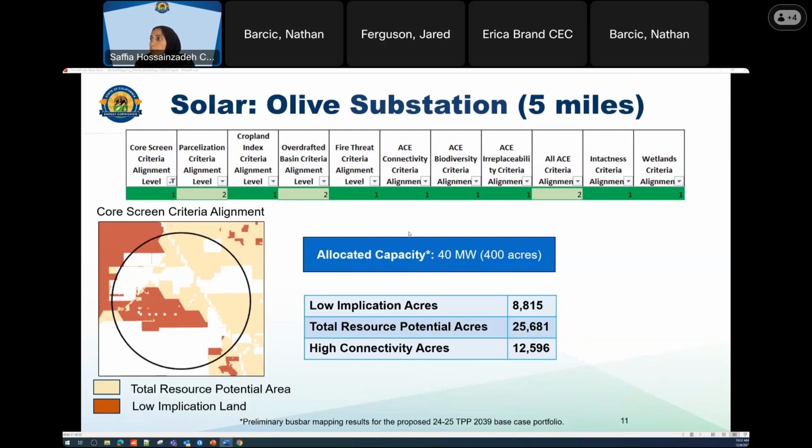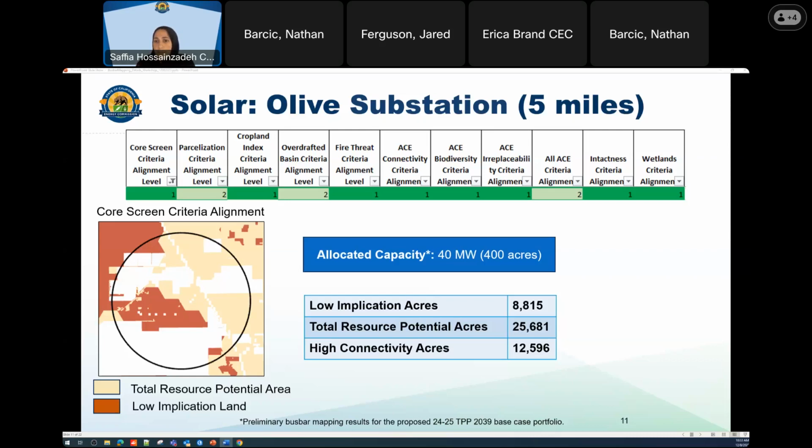If we look at another of the metrics that we would report on, one of the environmental metrics, we see here for connectivity, the area of high connectivity within the total resource potential area is about 13,000 acres, or it amounts to 49% of the total resource potential acres. So we look at that percentage value and the amount of area that the resource build would take up in the low connectivity areas to determine its alignment level.